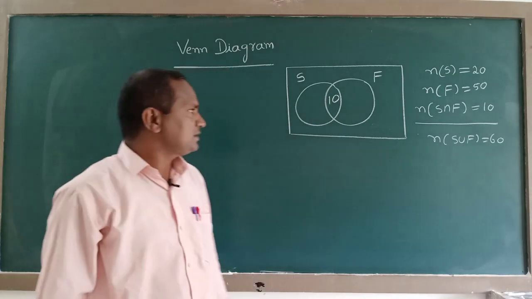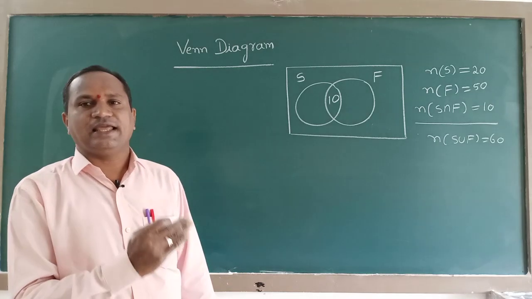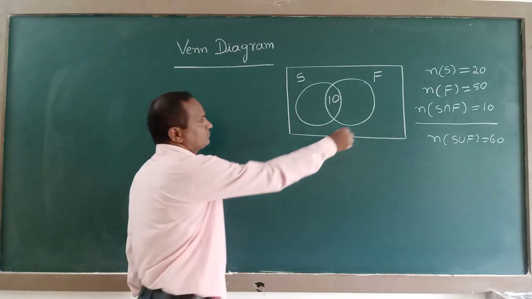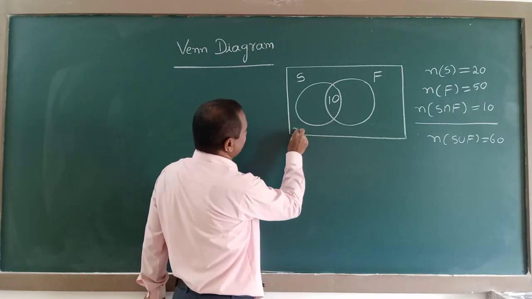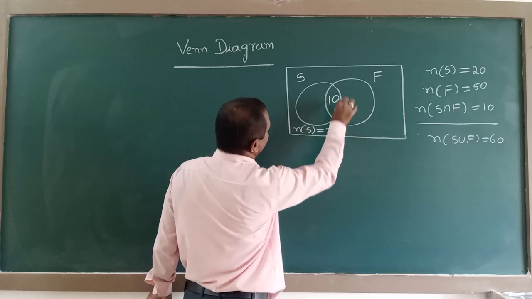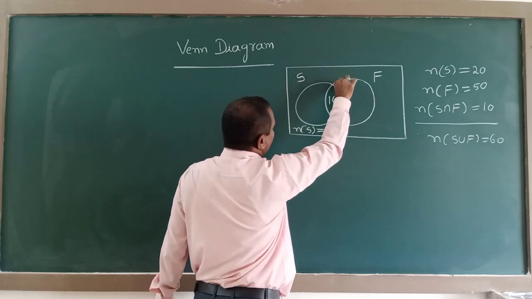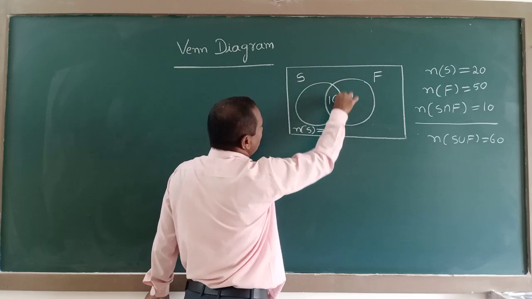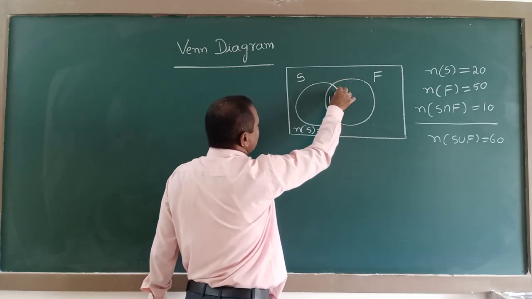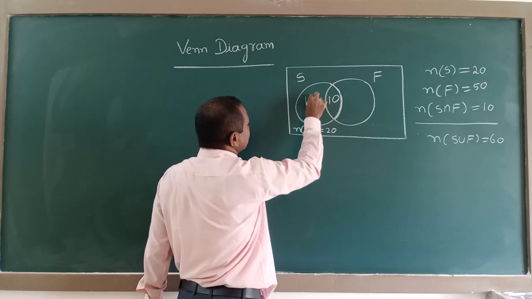Individually, we are going to allot values for S and F. n of S is equal to 20; in S already 10 are there, common to both S and F. Total is 20, so 20 minus 10 is 10.